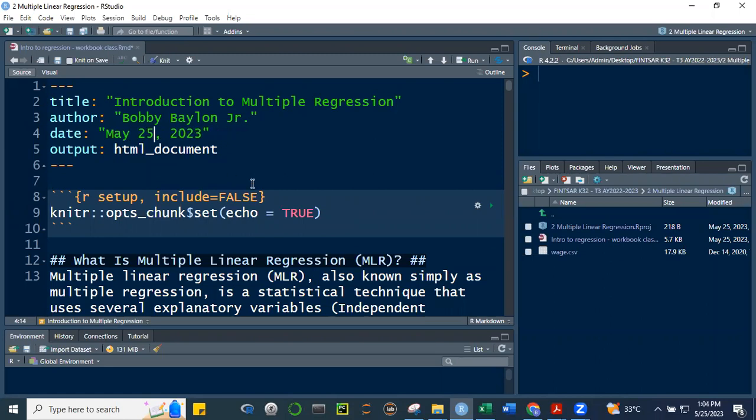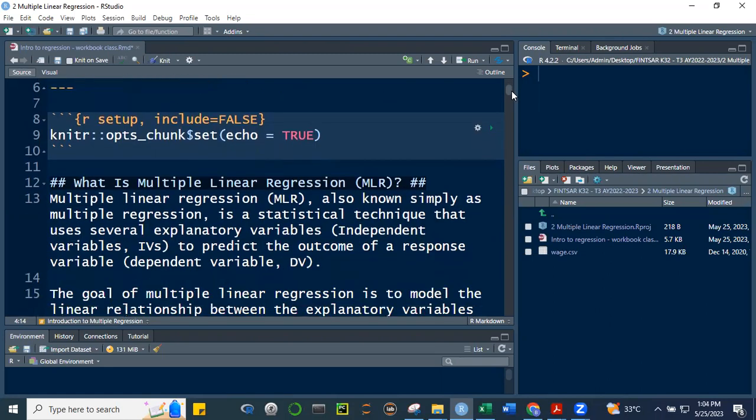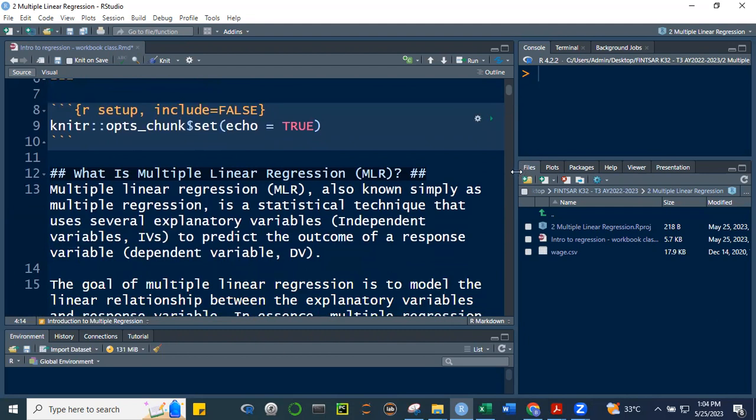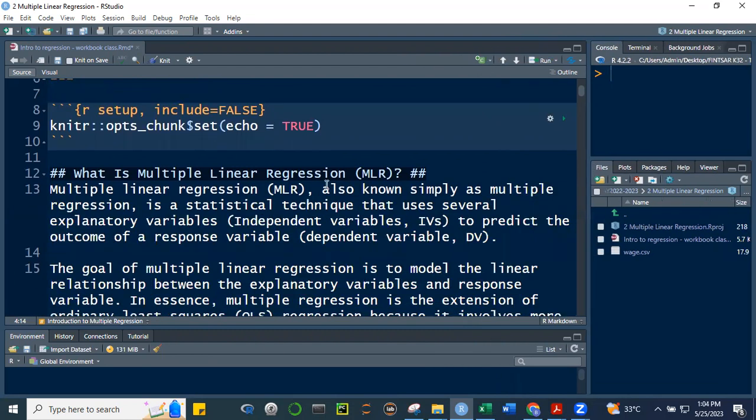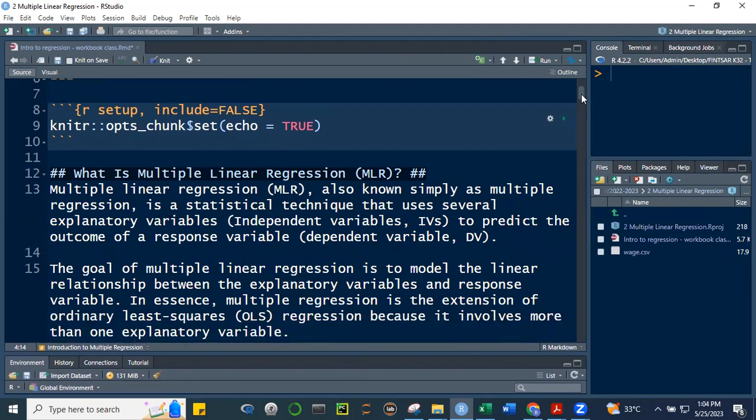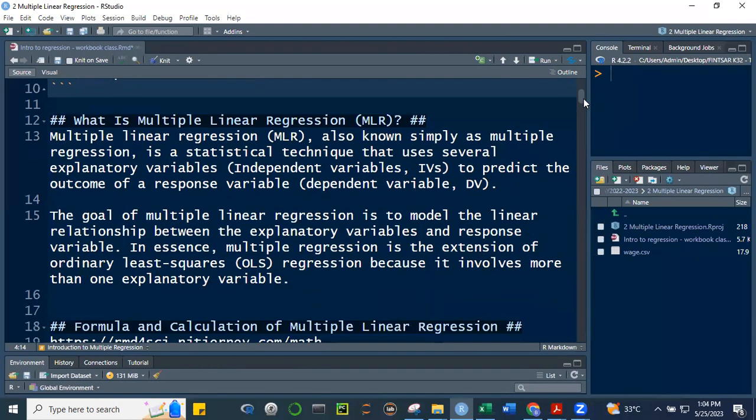Okay, so let's start with the definition of multiple linear regression. And I'm sure this is not the first time you encountered this topic because you have been exposed to several subjects in statistics. Okay. May I have just a show of hands?